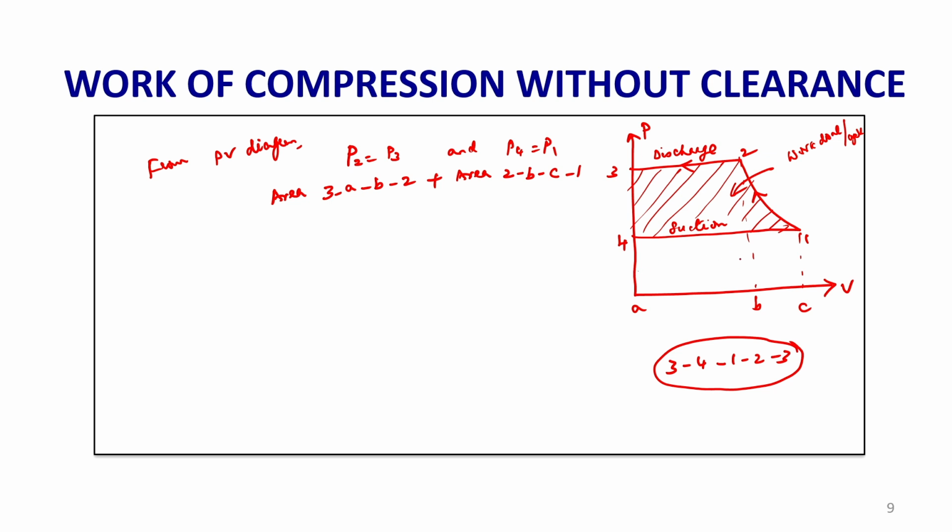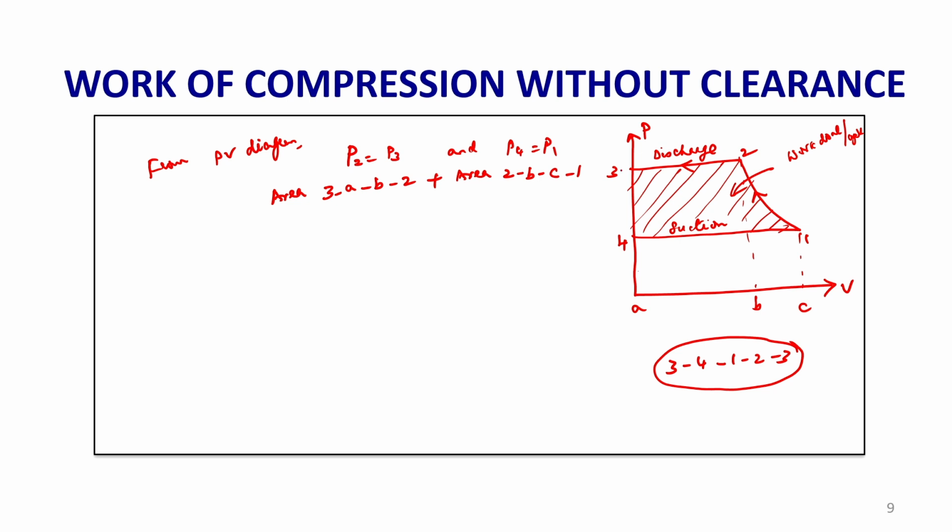This entire area plus this area gives the area under this curve, and I will subtract this portion, because I want the work done during the cycle only for the shaded portion. So, this area plus this area and subtract this portion.